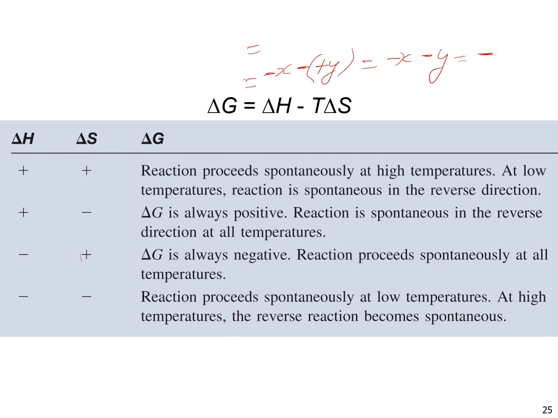Is that correct? Which means in scenario number 3, delta G is always going to be a negative number. So if it's always a negative number, the reaction will always be going spontaneously at all temperatures. You can have a low temperature, you can have high temperature. The reaction will always be spontaneous because this is always going to give us a negative value of delta G.